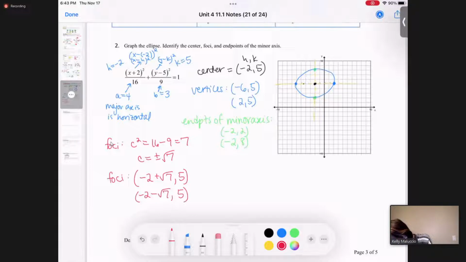So it's maybe like here, and here. These are just approximate. So these are the foci. And then we know the vertices and endpoints.